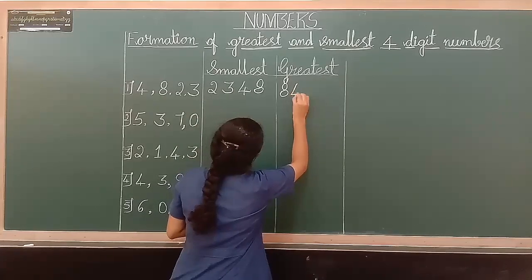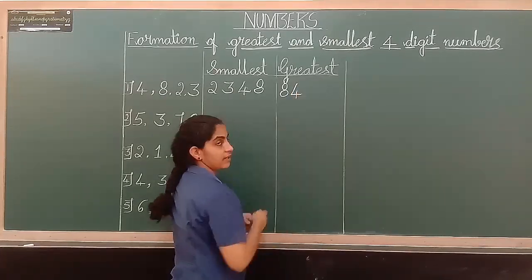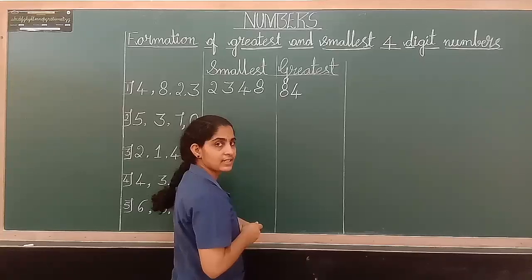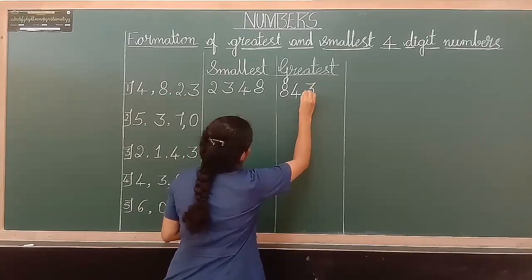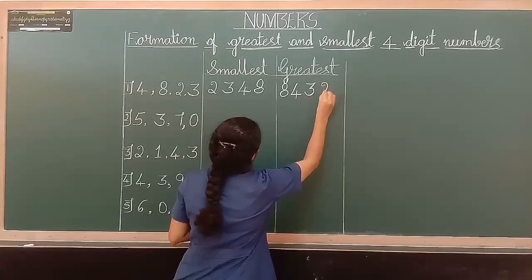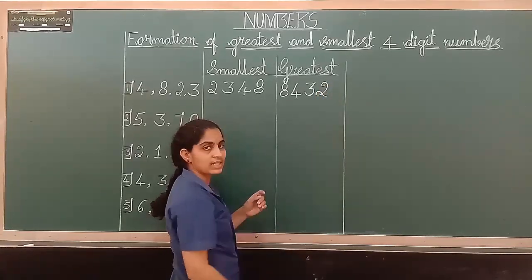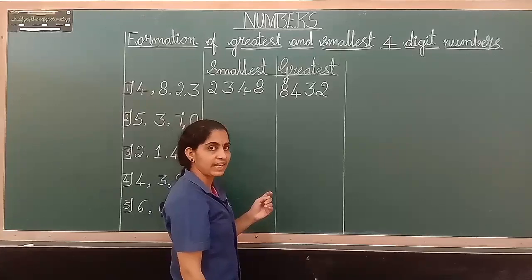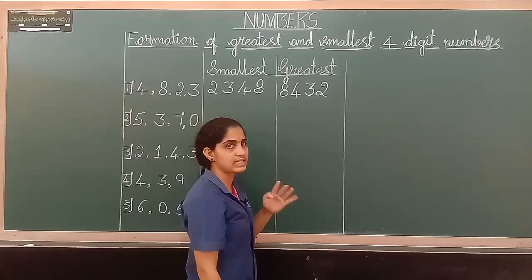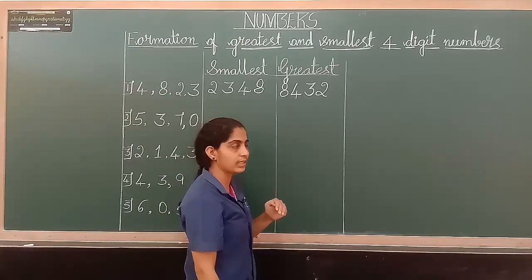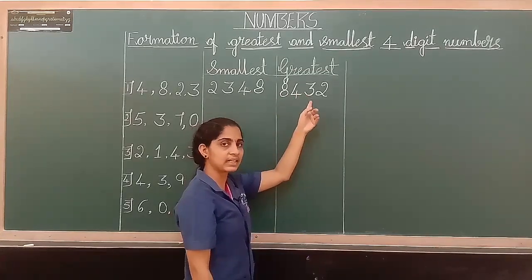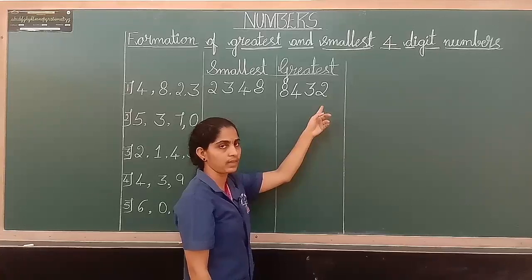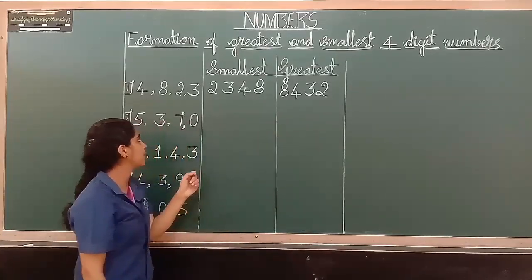Correct. 4 comes next. Then which digit I have to write next? Very good. I have to write 3. And the last remaining is 2. So this is the greatest 4-digit number. We got the number 8432. Let's move to the second example.